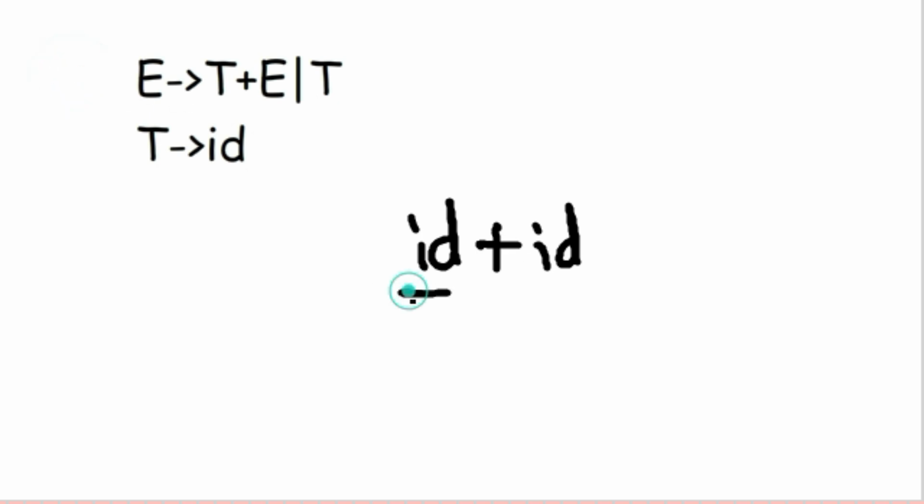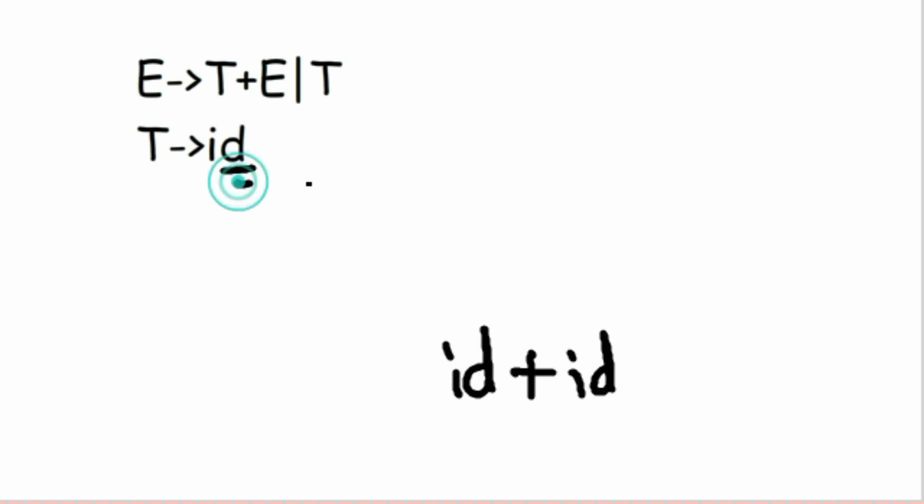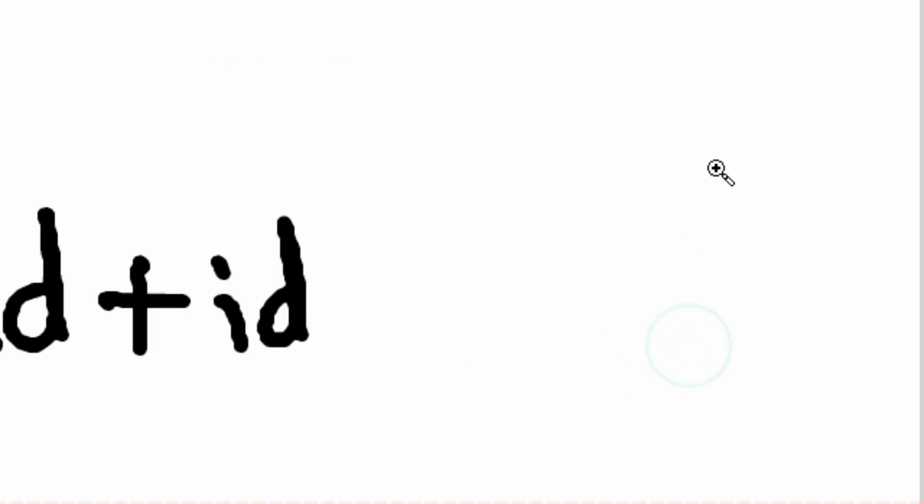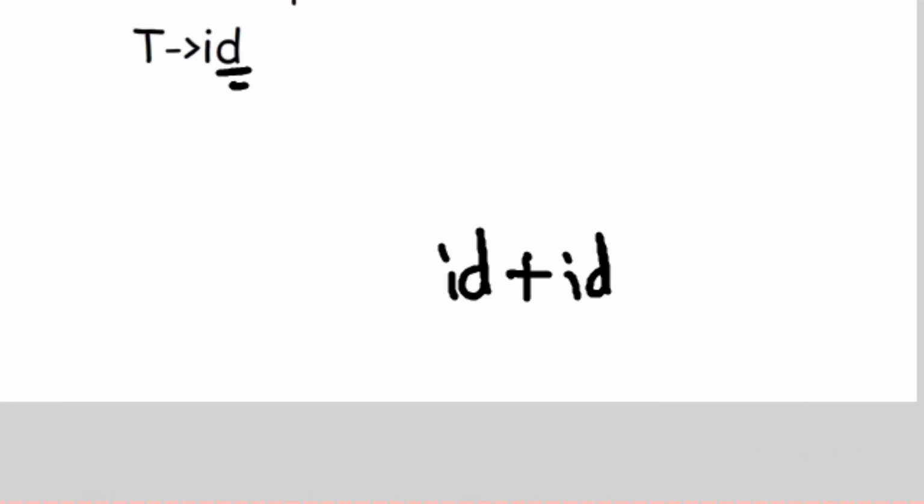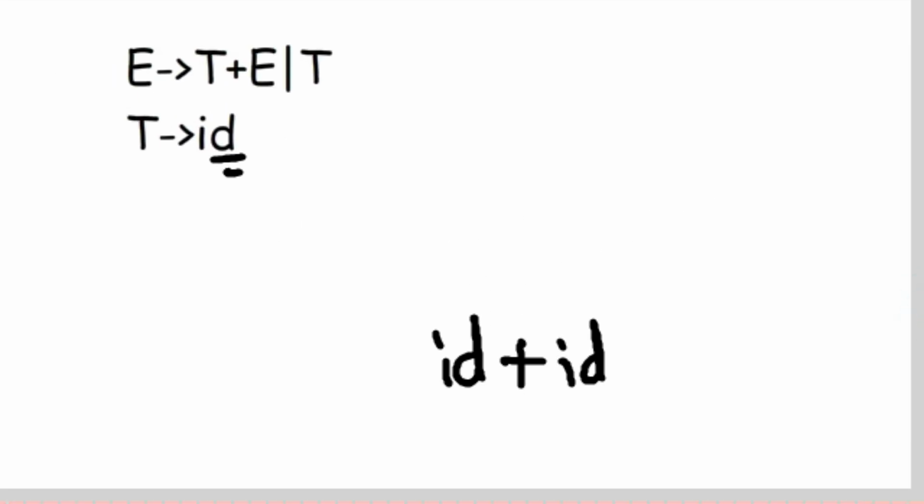We will start from the bottom and then we will go to the top. We will start from the right hand side, which is the bottom, and from here we will go to the top. So in this case, we can reduce this ID back to T. We can also reduce this ID back to T.